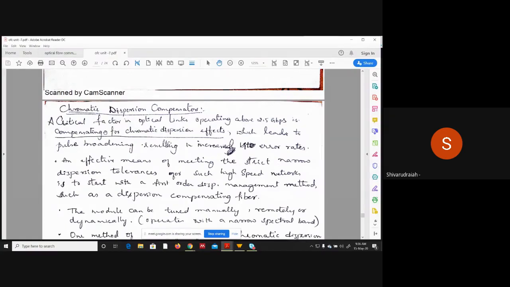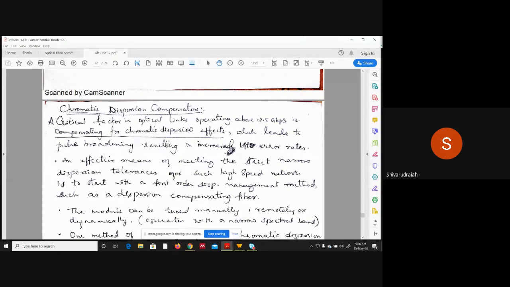So a critical factor in optical links which are operating above 2.5 Gbps. So this is applicable only for those speeds which are 2.5 Gbps and above. In such cases, for optical links offering 2.5 Gbps and above, we need to have some compensating effect in order to reduce the pulse broadening.